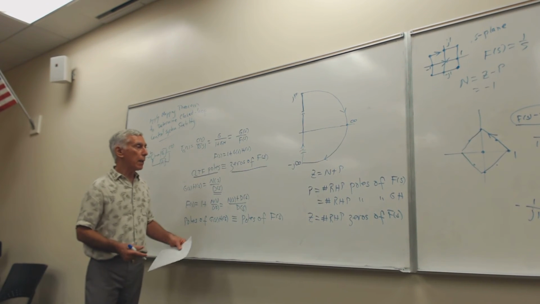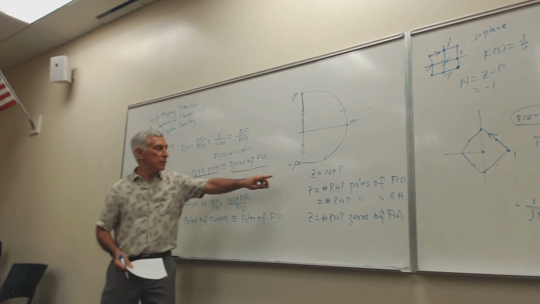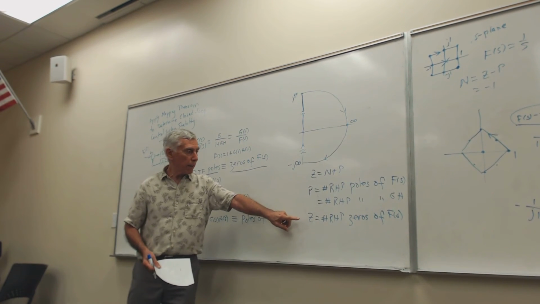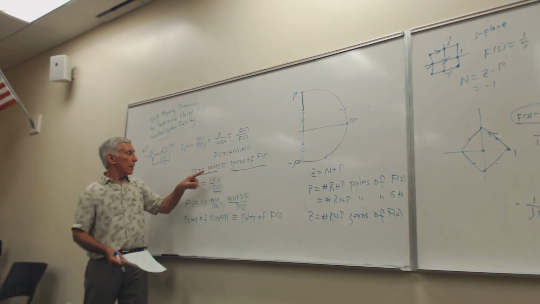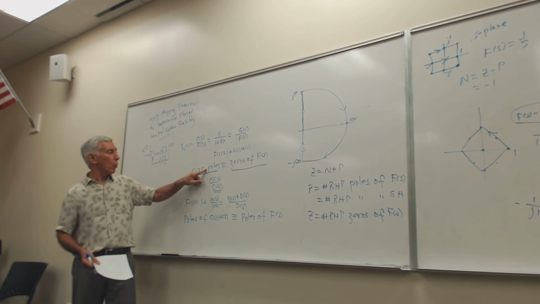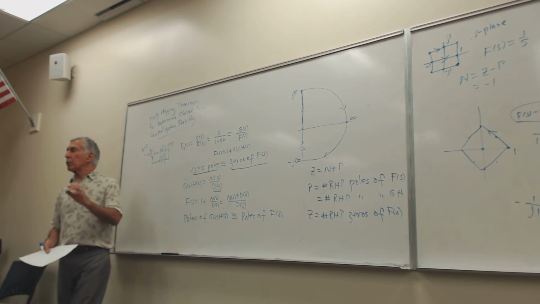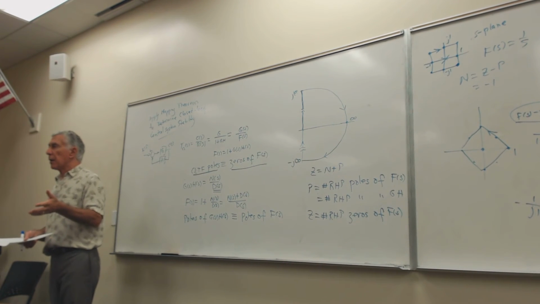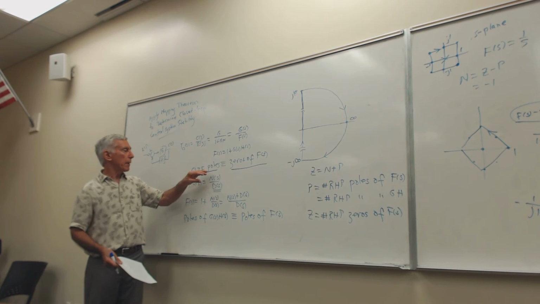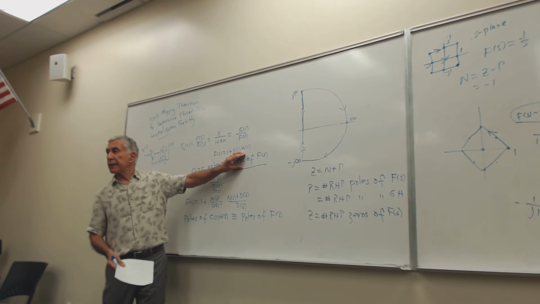Actually, I mean, we want Z to be equal to the number of right half plane poles. The number of right half plane poles should be what for stability? 0. So that's the same as the zeros of F of s.